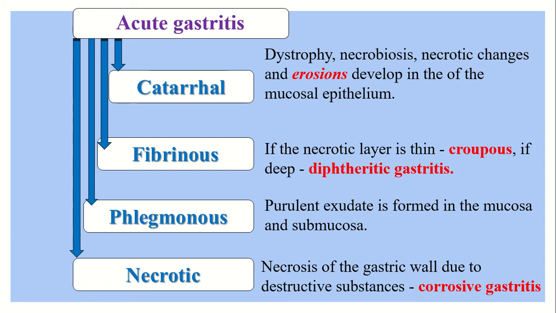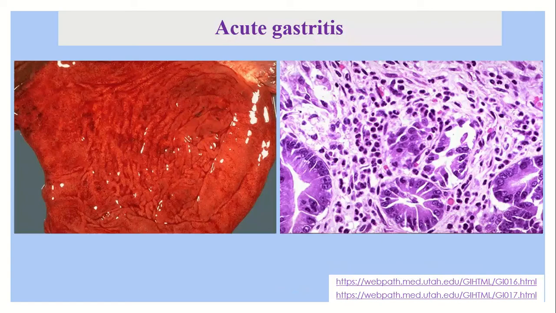Then fibrinous gastritis: if the necrotic layer is thin, croupous fibrinous gastritis develops; if deep, diphtheritic gastritis. In phlegmonous gastritis, purulent exudate is formed in the mucosa and submucosa. And necrotic acute gastritis mainly develops after the action of erosive substances such as acids and alkalis. We call this corrosive gastritis.